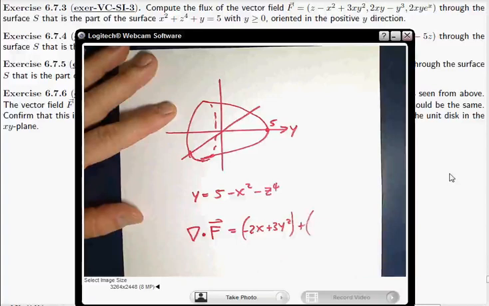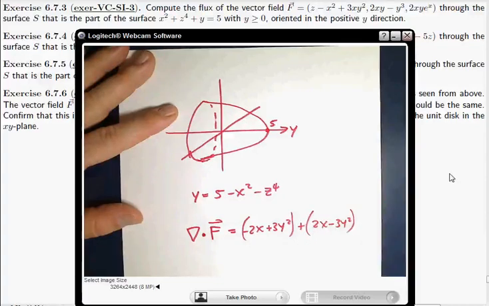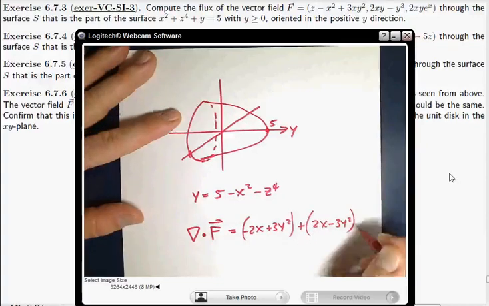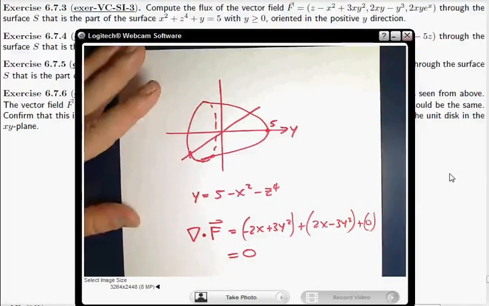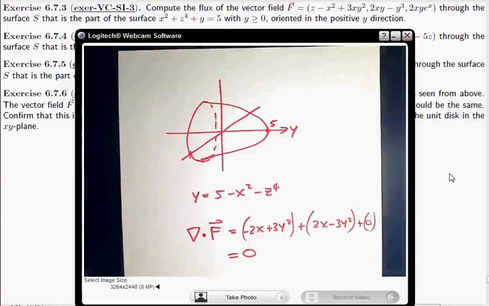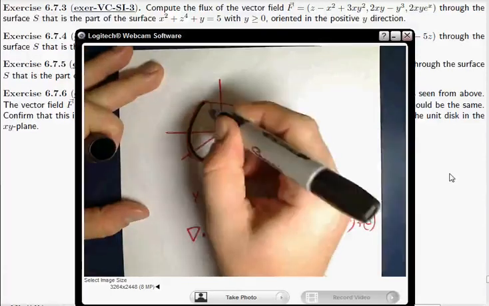The y partial is 2x minus 3y squared. Oh, that's cool. And the z partial is 0. So good news, it is 0. This is surface independent. I can change this surface. All I have to do is make sure not to change the boundary curve.